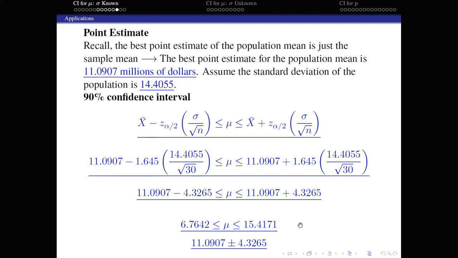Well, we're 90% confident that this true mean value is in this range. So if there was a proposal that the true mean value were $20 million, we really wouldn't tend to buy that proposal. We would say that, hey, our data don't really support that decision.